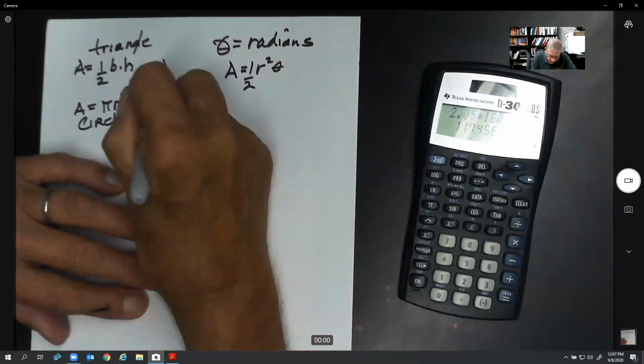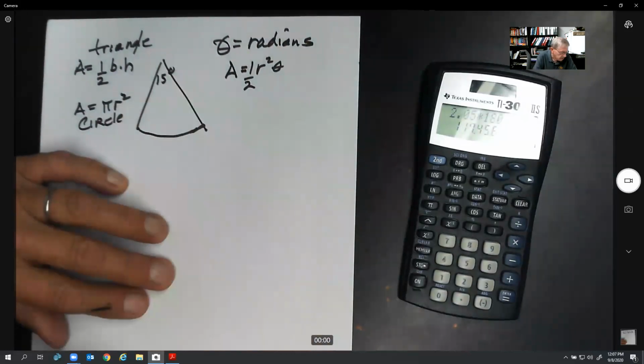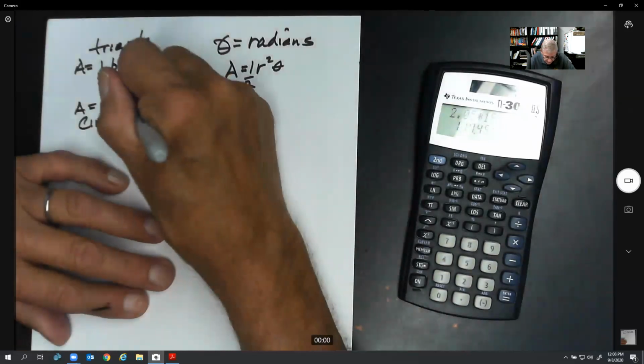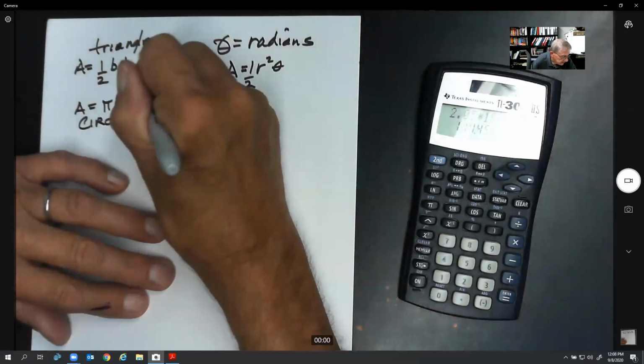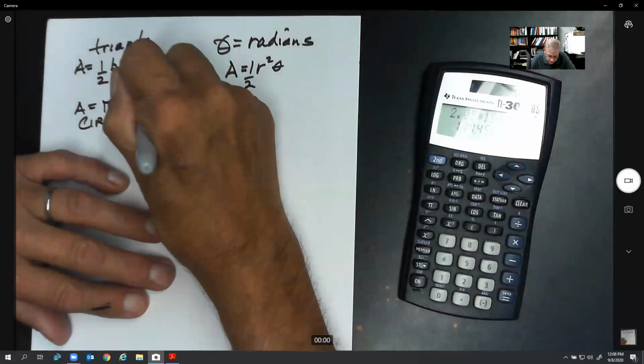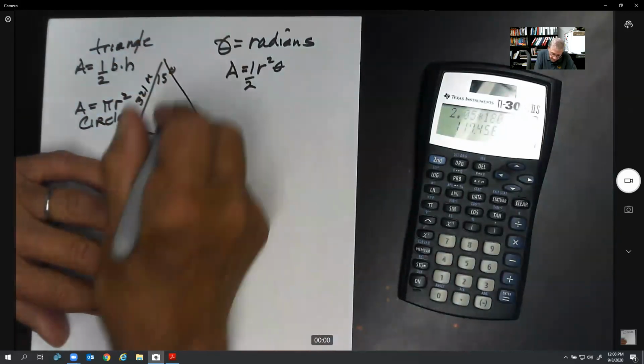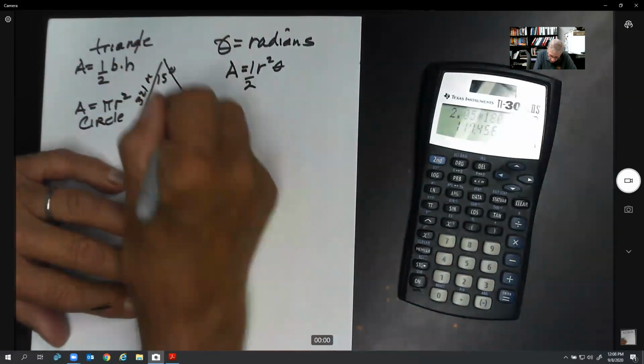So this is 15 degrees, right? We're going to use the one in the book. And we have a distance here of 321 meters. It was a huge piece of pizza. This is also going to be 321.